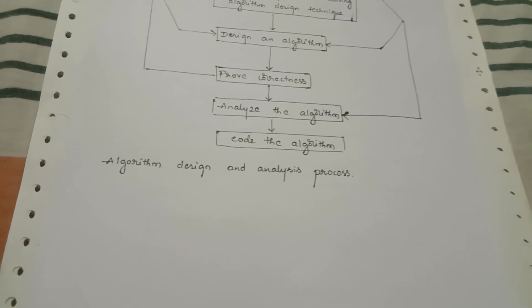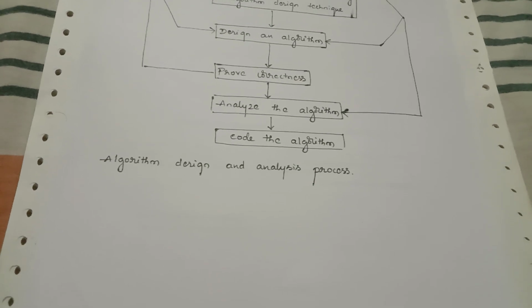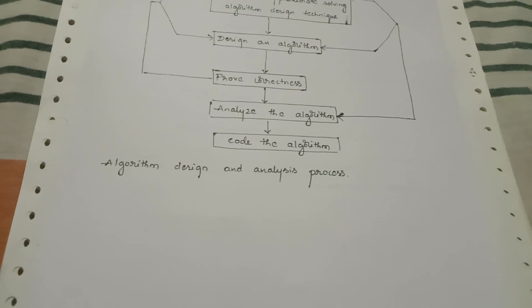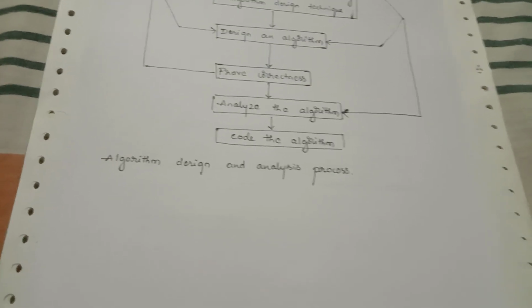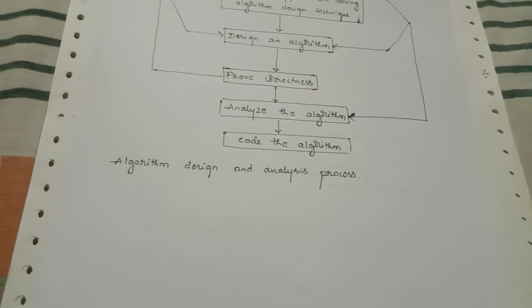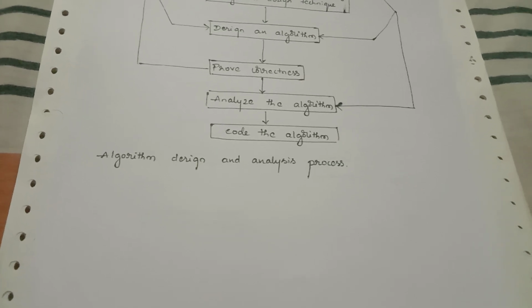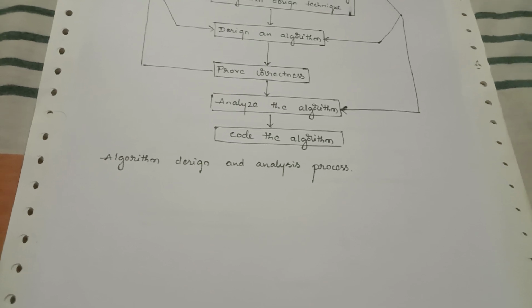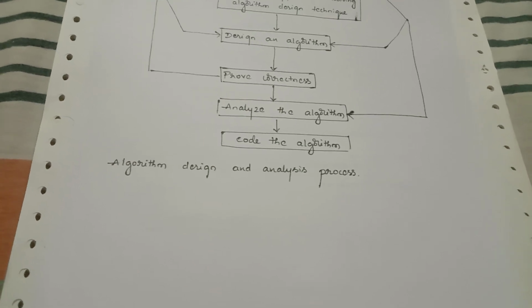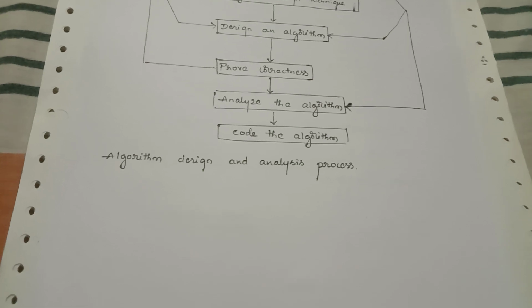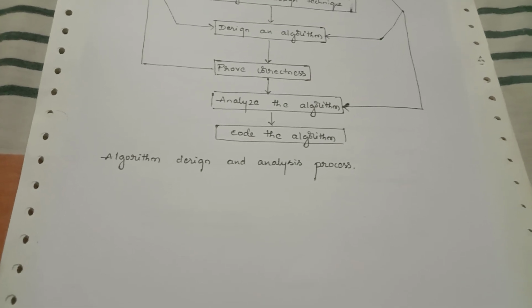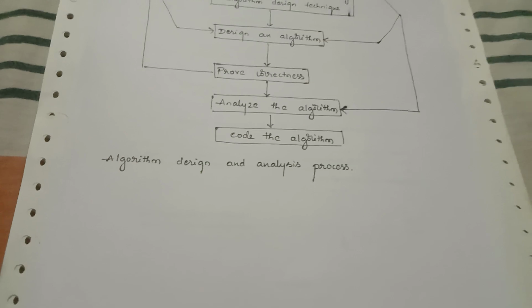After correctness, the very important thing is efficiency. That is what we call analysis of an algorithm, finding its efficiency. There are two types of efficiency: time efficiency, which indicates how fast the algorithm works, and space efficiency, which indicates how much extra memory it uses.